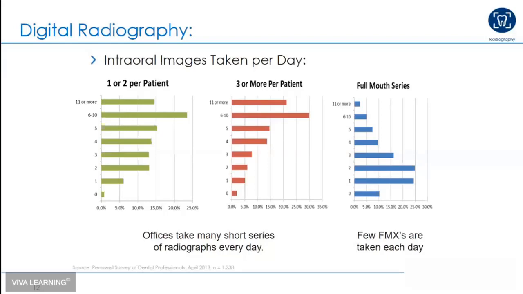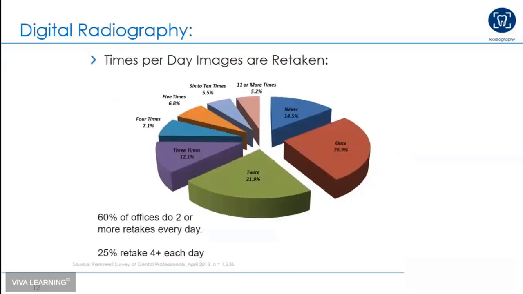Those are the more common radiographs that we take on a daily basis. The number of times per day that images are retaken is actually quite interesting. You're getting 60% of offices do 2 or more retakes every day. 25% of the offices take 4 each day.